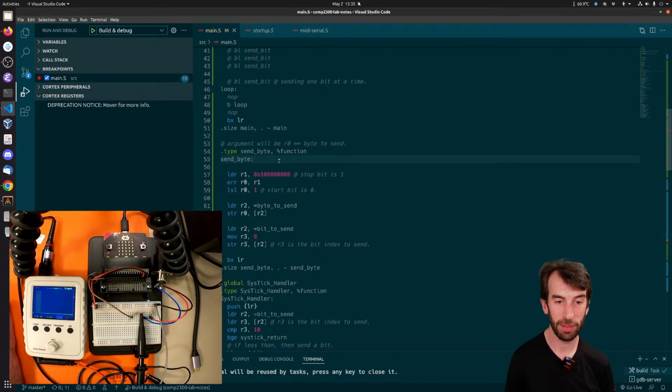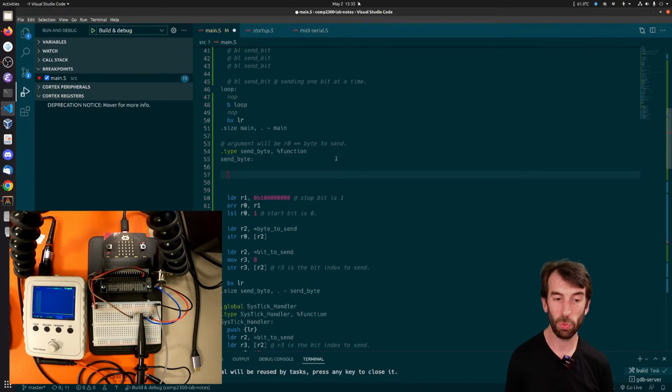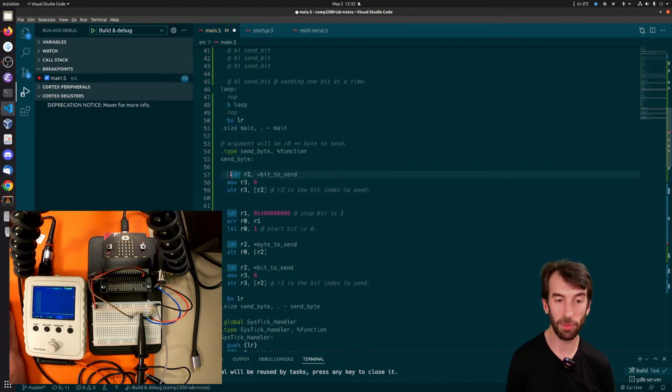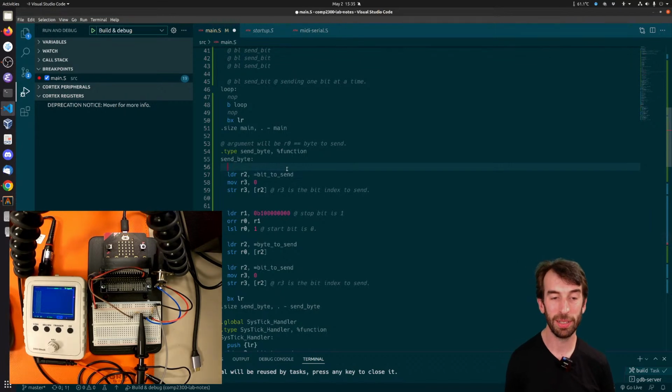Now, the very last thing I want to do here is wait until my bit to send is 10 before I do that. So I'm actually going to block here until bit to send is 10, because this indicates we're ready to send a new byte.